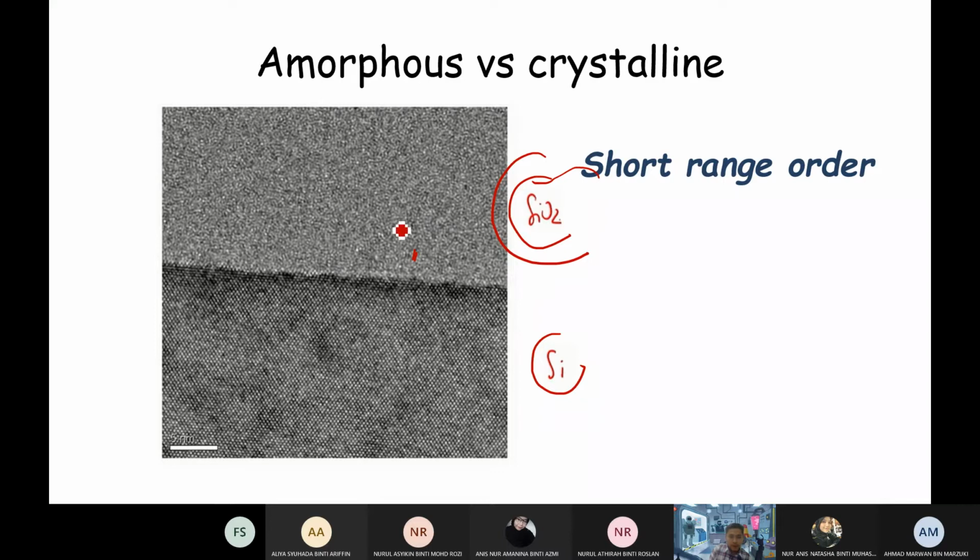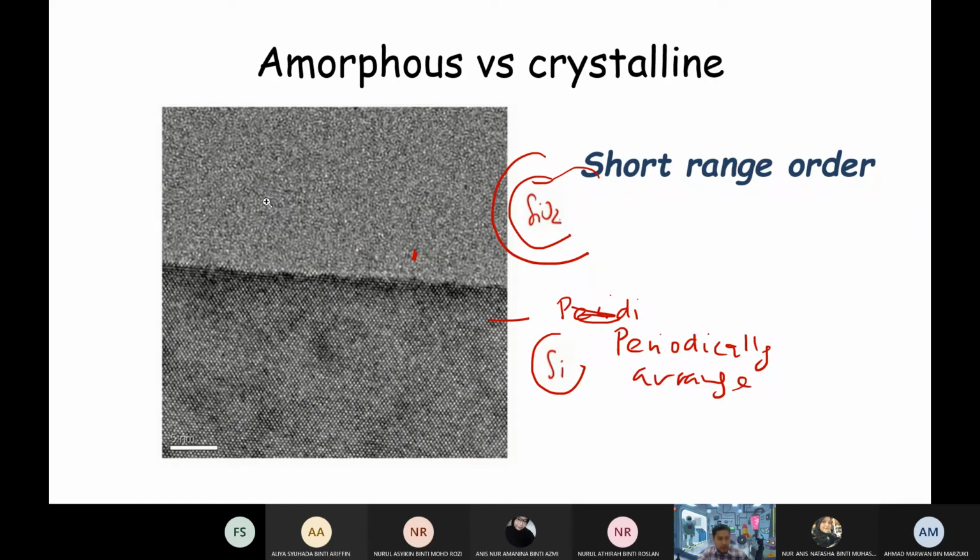Okay, if you look at the silicon oxide here we have what we call periodically arranged, but for silicon oxide we lose that periodicity.